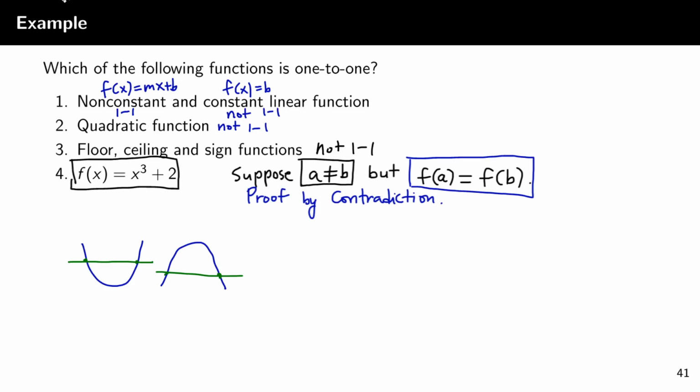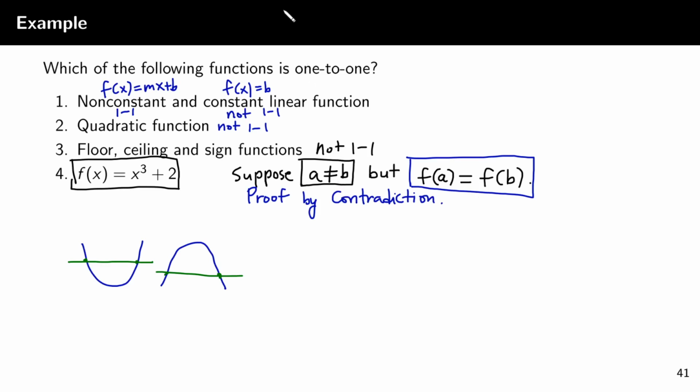Okay. So, let's do that. So, suppose A is not equal to B, but F of A is equal to F of B. So again, we're using proof by contradiction. Kaya, inassume natin na f of A is equal to f of B. And then gusto nating maka-arrive sa isang contradiction on the first assumption.